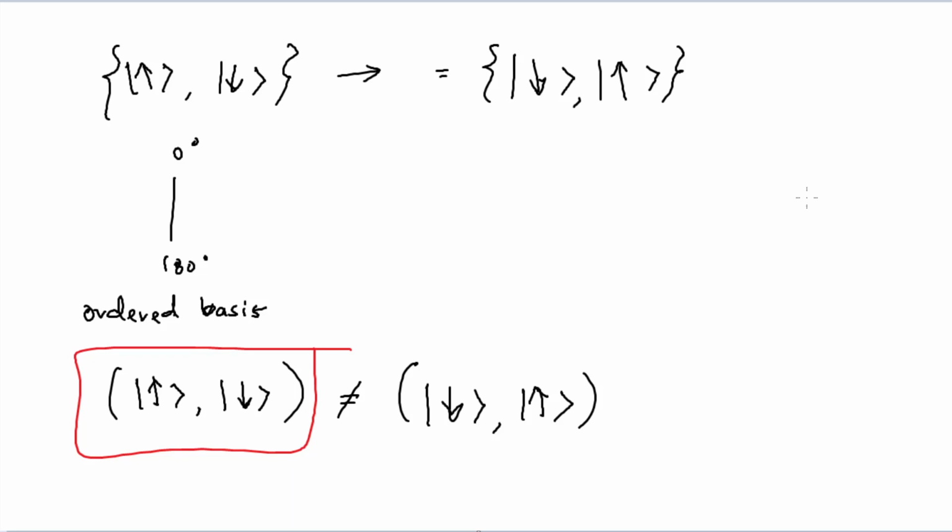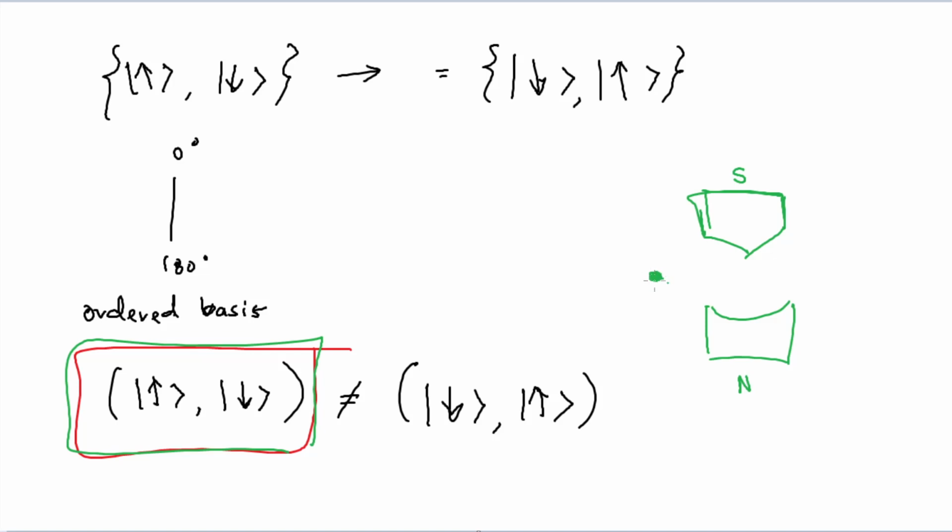So as a reminder, let me use a different color, your particular Stern-Gerlach apparatus perhaps looks something like this, right? And what this ordered bases implies is that the south magnet indeed falls on top and the north magnet is on the bottom. So the particle, what we're referring to as quote-unquote up and quote-unquote down, is formally defined.